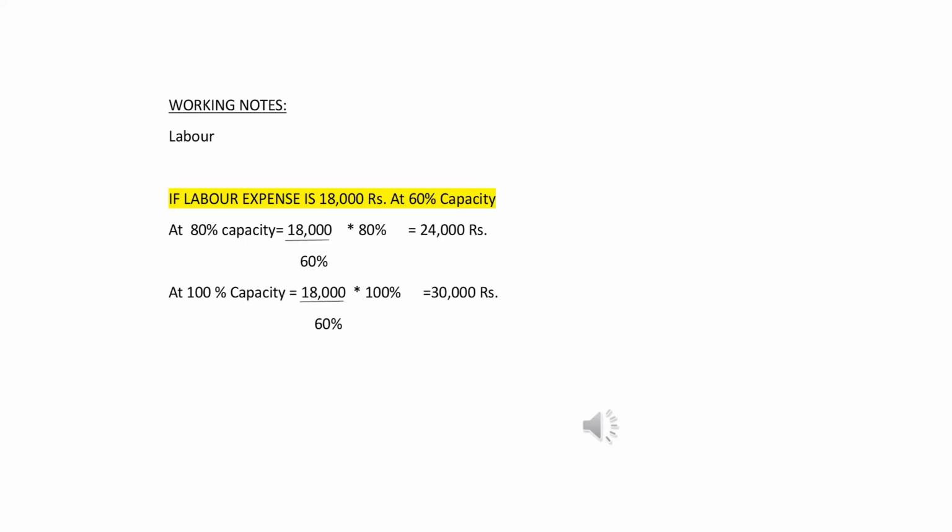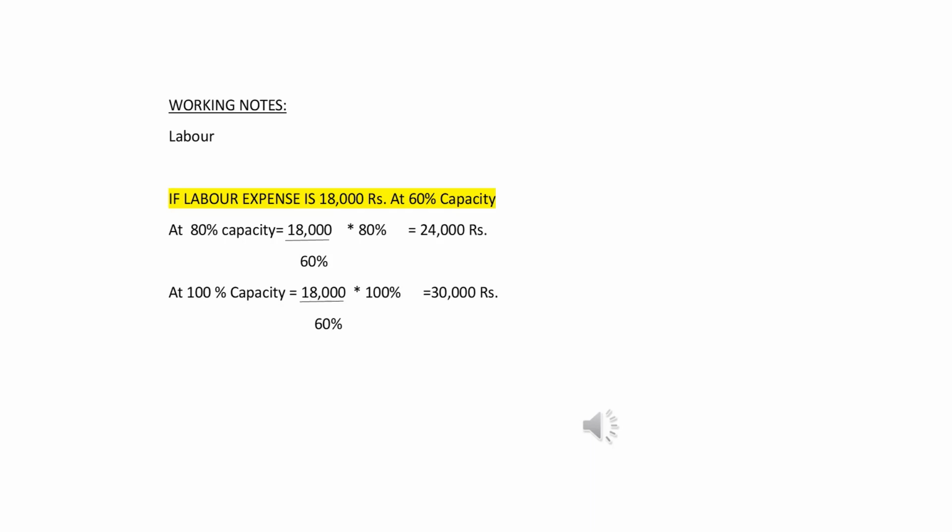So if labor expense is 18,000 at 60% capacity as given in the question, at 80% capacity it will be 18,000, that means the amount given in the question, divided by the capacity given in the question that is 60%, multiplied by the capacity for which we are calculating now. That means 18,000 divided by 60% into 80%, which will be equal to 24,000.